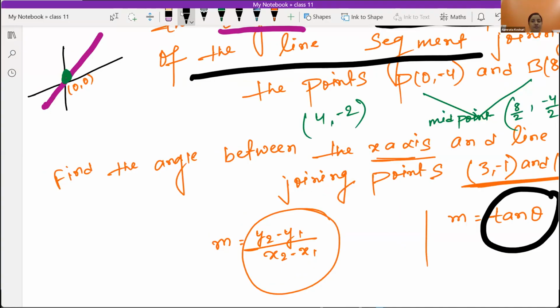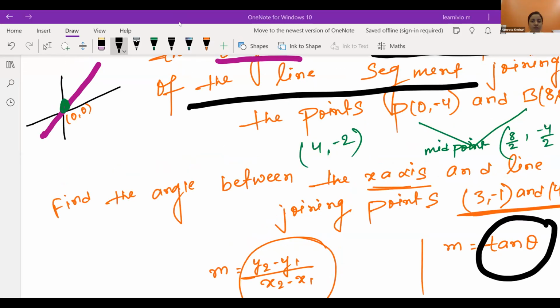Ma'am, I'm getting m as -1, but I don't know how to find the value of tan theta. Okay, for this one, Aisha.